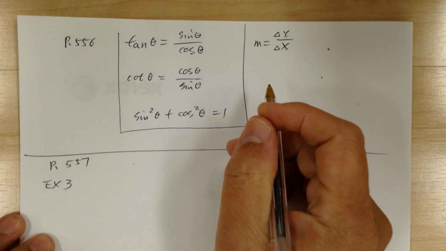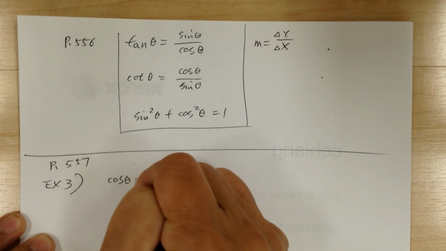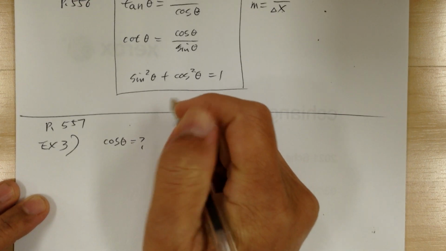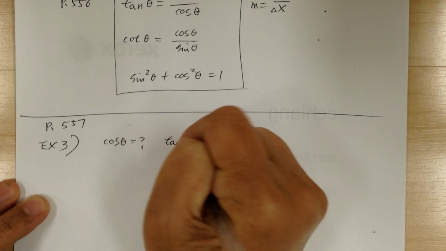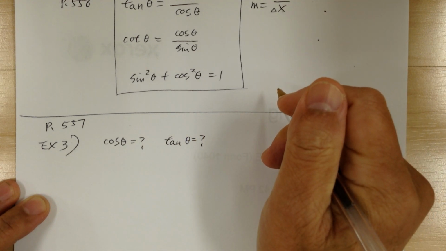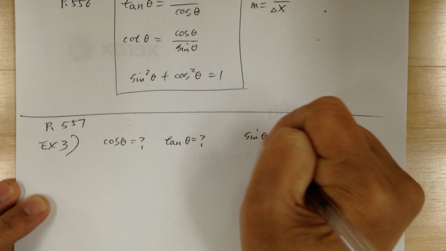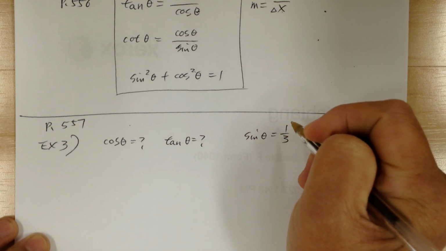Okay, so it says find cosine theta and tangent theta, if theta is an acute angle and sine theta equal to 1 over 3. So you're looking for cosine theta. You can write down all your information.